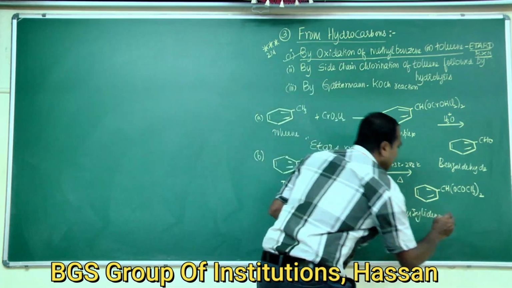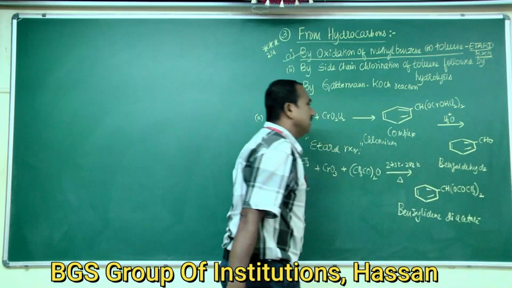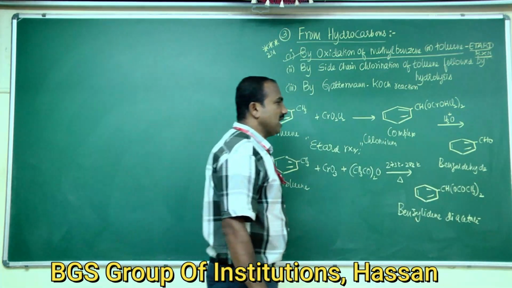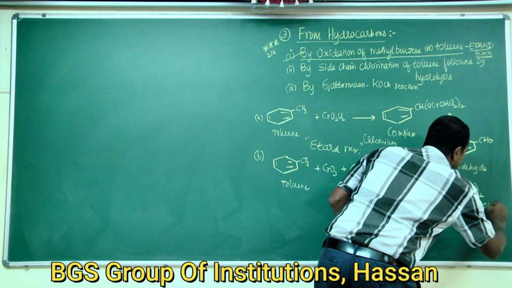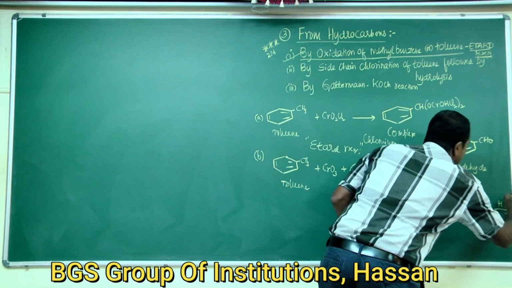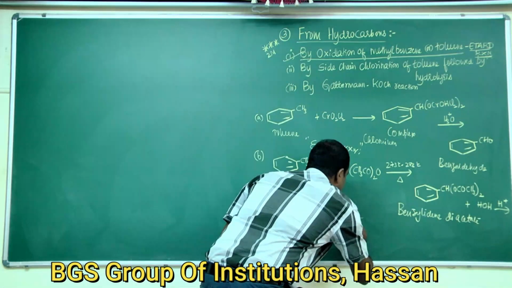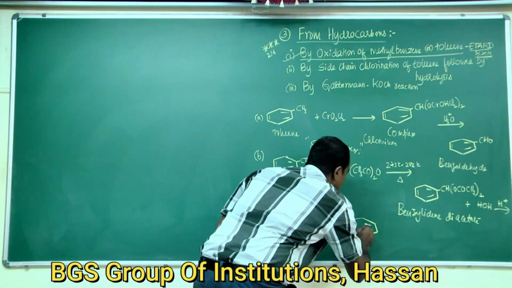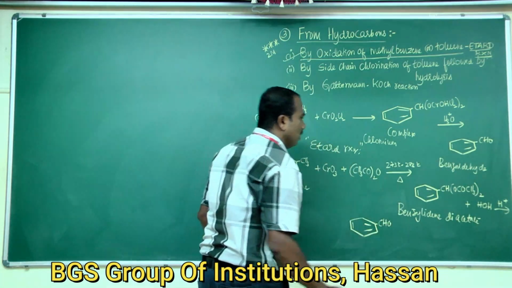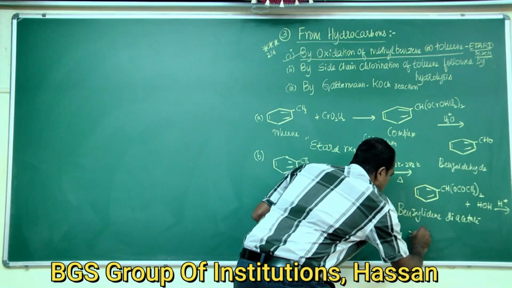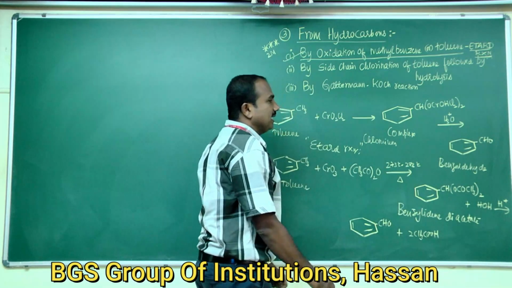Benzaldehyde diacetate on hydrolysis in the presence of acid gives benzaldehyde. That is a benzene ring connected to CHO plus 2 CH3COOH, acetic acid.